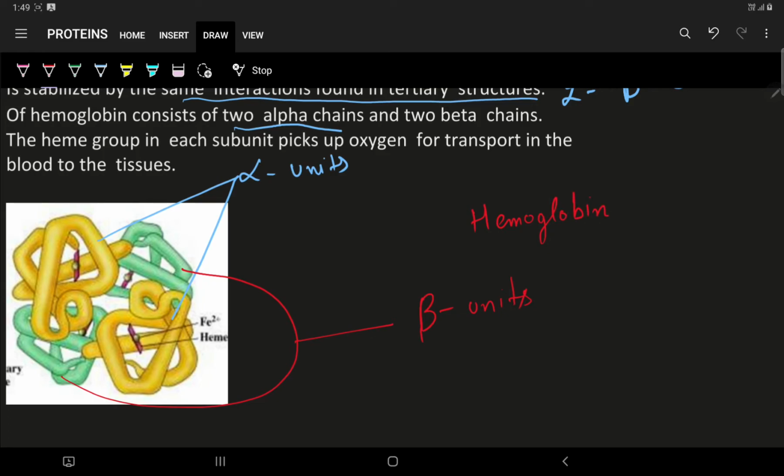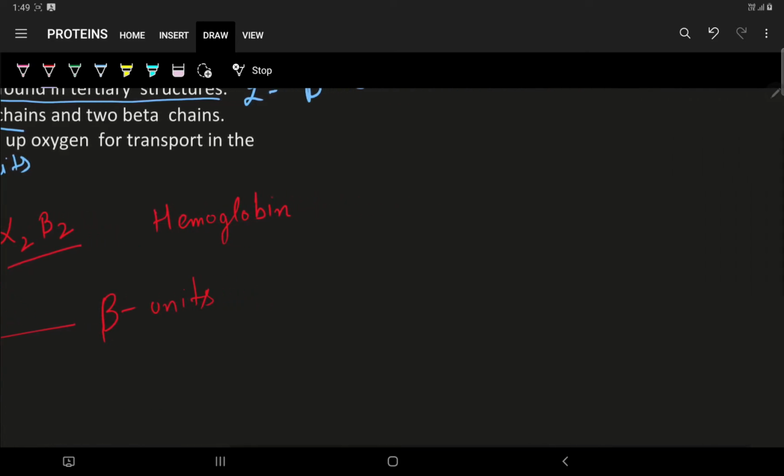The quaternary level defines the arrangement and position of each subunit in an intact protein molecule. Hemoglobin is made up of two alpha type subunits and two beta subunits, also represented sometimes as alpha 2 beta 2. And in a two-dimensional structure, we can say they are represented like this.